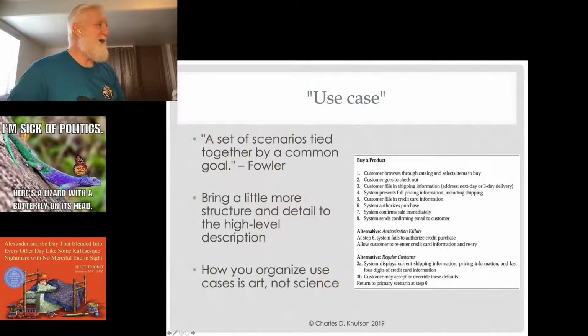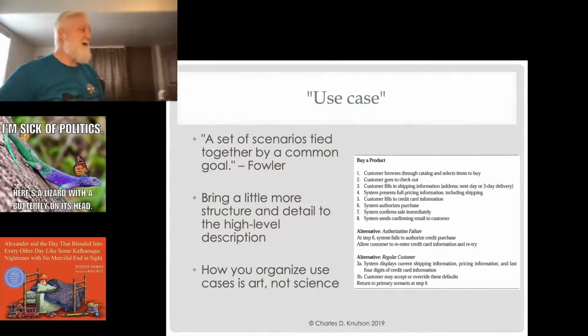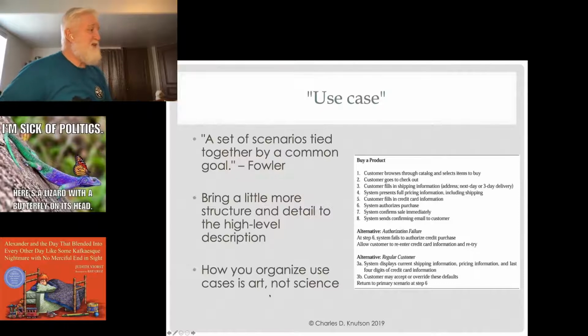And then another one they call an alternative is authorization failure, like when the system authorizes the purchase and that fails. And then this next thing probably goes without saying: how you organize use cases is art, not science. That's so very, very true.